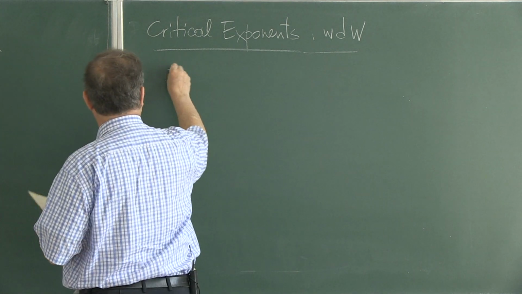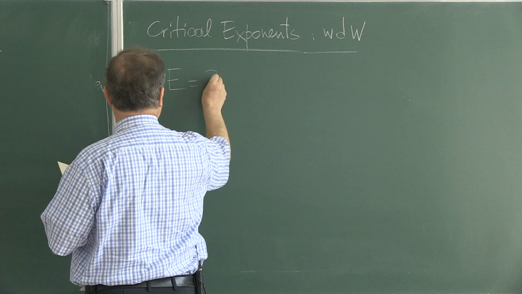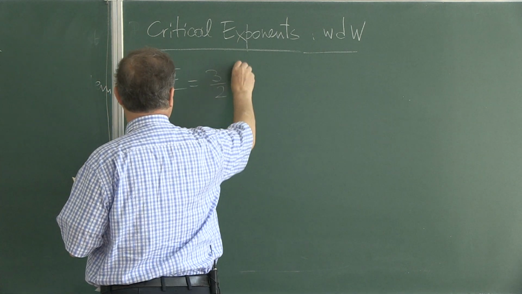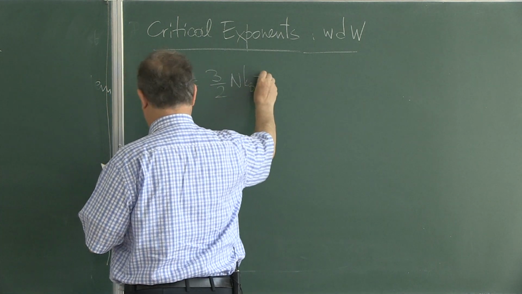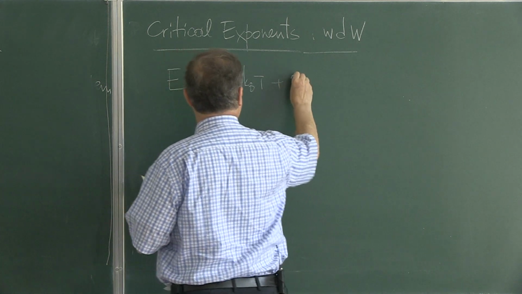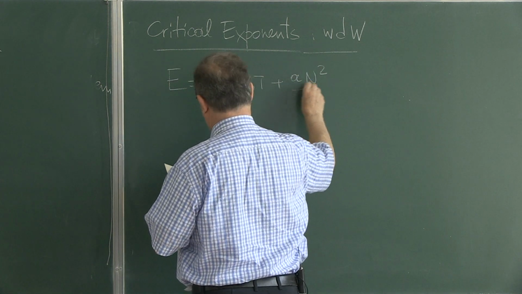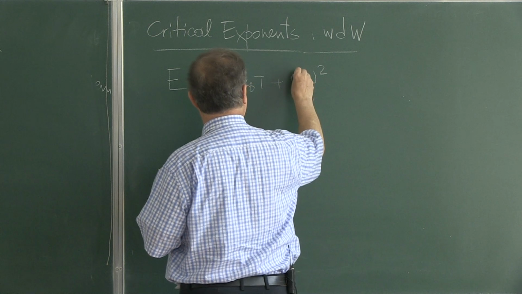Internal energy can be found to be 3/2 nkBT plus a n squared over volume.